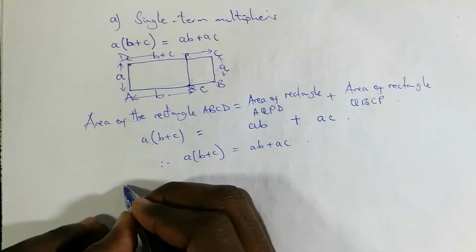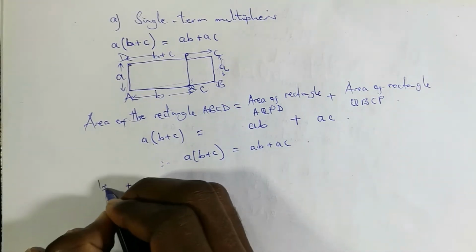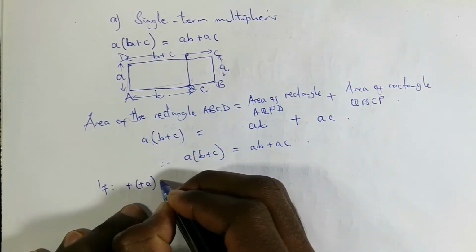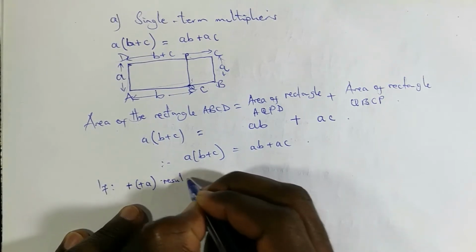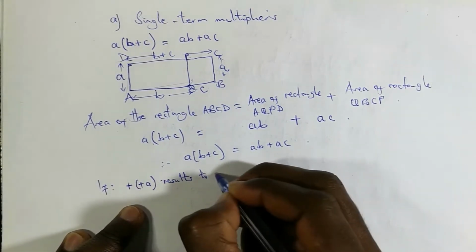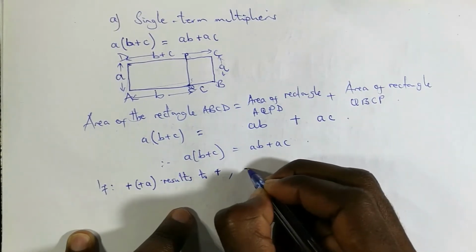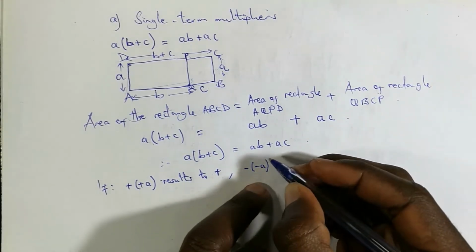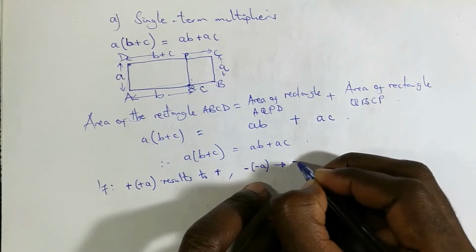If you multiply a positive number by a positive number, the result is a positive sign, and if you multiply a negative number by a negative number, the result will also be a positive sign.